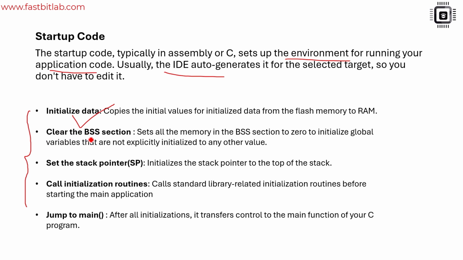It clears out the BSS section, setting all the memory in the BSS section to 0, to initialize global variables that are not explicitly initialized to any other value. It sets up the stack pointer to the top of the stack, and it calls the initialization function of the standard library. Then it jumps to the main function. So that is actually the starting point of your program.